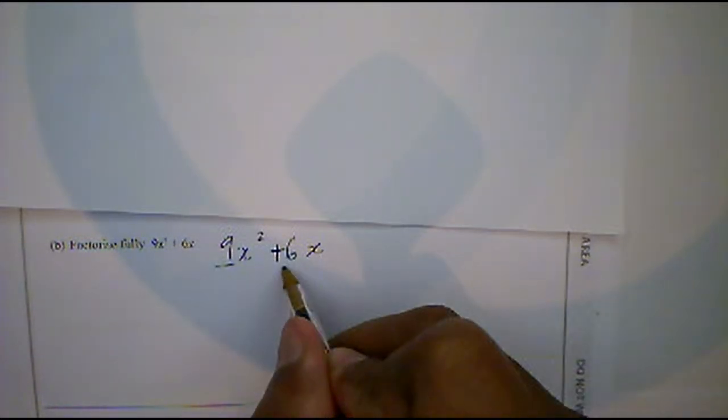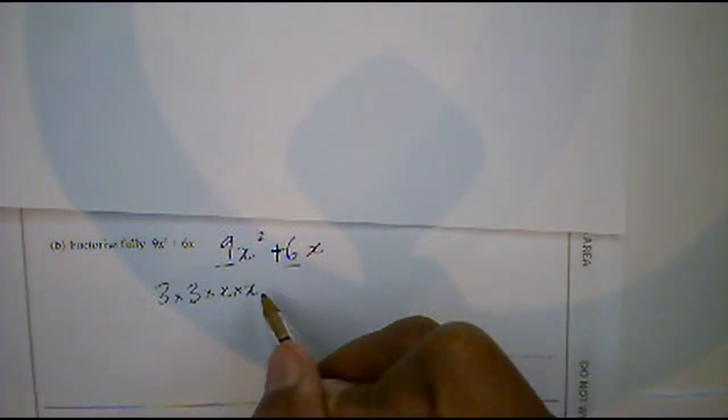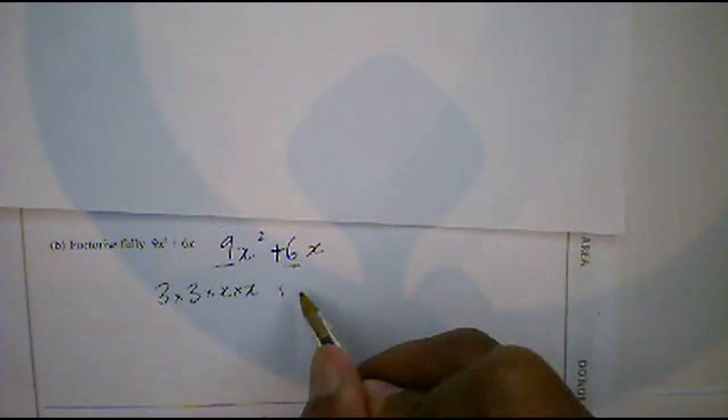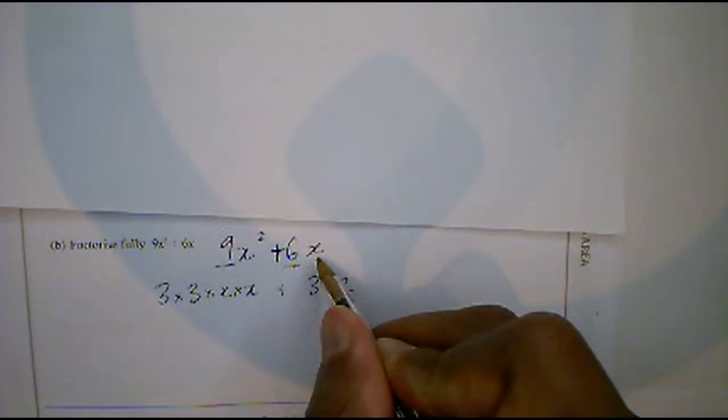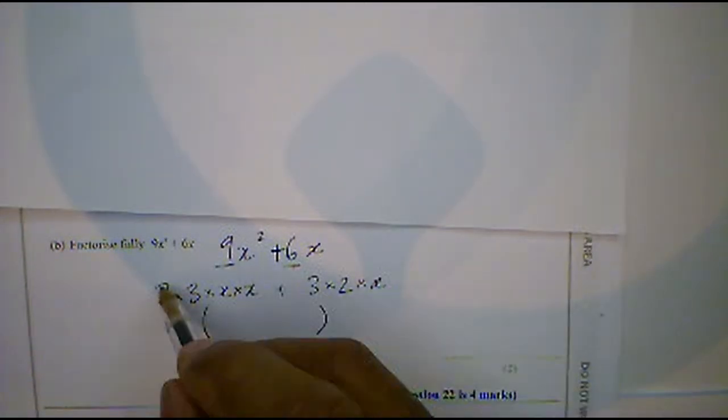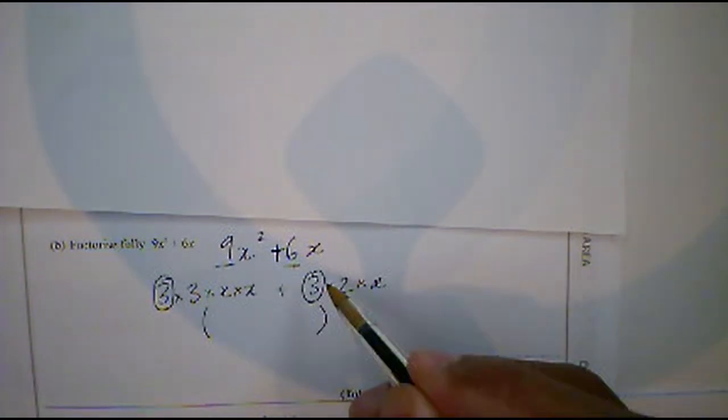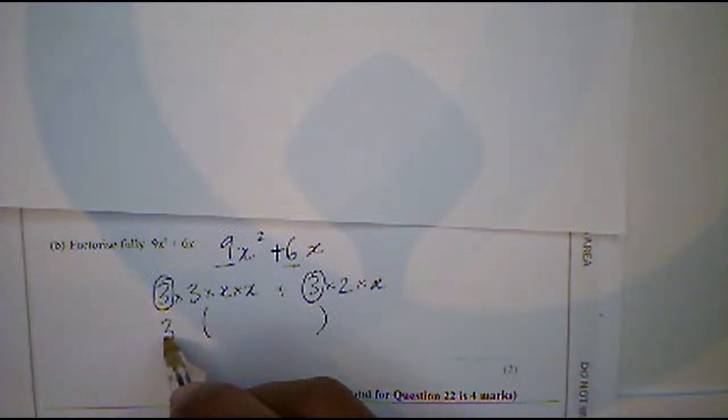So similar to the last question, what goes into 9 and 6? I spot that 3. 3 times 3. I'm going to separate x squared. x squared is x times x. 6 is 3 times 2, and I've got x there. So I'm going to put brackets. I can see I've got 3 here and 3 there, so 3 goes on the outside.